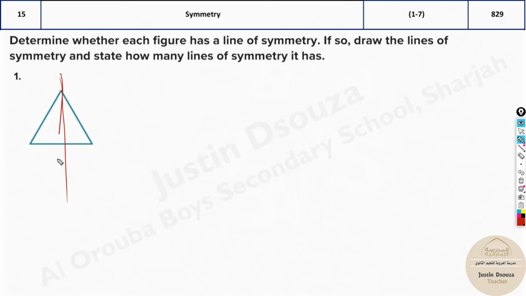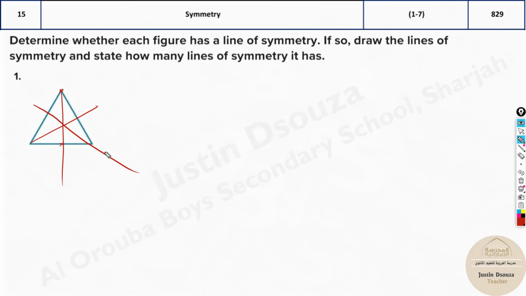Okay, it's not very straight, but if you draw a straight line, will it cut into equal, symmetrical parts, whether this line can be a mirror? Yes, because this length and this length will be the same, the other two lengths will be the same if I draw it exactly from this vertex to the center over here. But the same thing can be done over here. Now you can see this and this is equal, or if I draw it like this, equal, and like this.